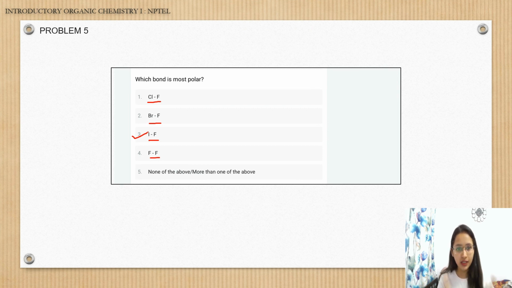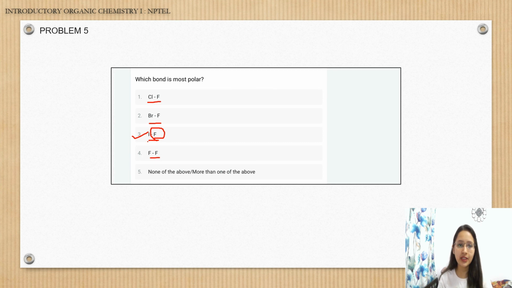The second thing: here the correct answer will be the iodine-fluorine bond, because iodine and fluorine have a higher difference in electronegativity value than any other, and polarity depends on the electronegativity itself. Fluorine is way more electronegative than iodine, so it attracts the shared pair of electrons toward itself much more than iodine.